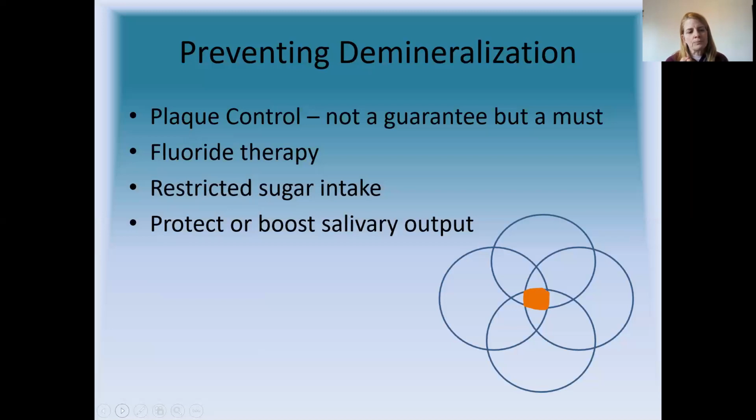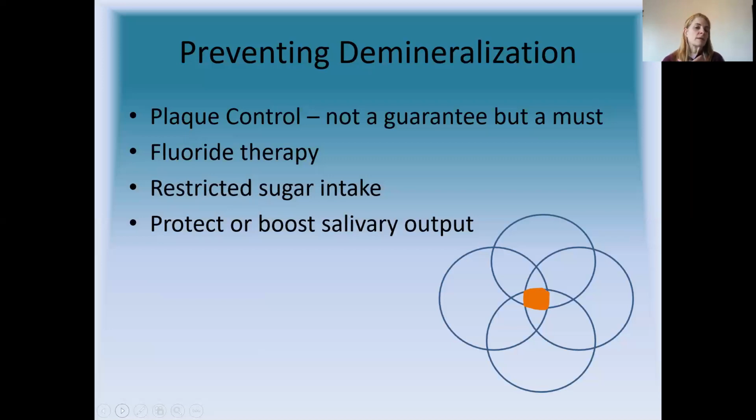And remember all the little things that I told you for fluoride. For example, if you have a patient who brushes their teeth and they rinse all of that fluoride toothpaste out of their mouth afterwards, then they've just rinsed away a lot of that fluoride therapy that could help with remineralization.